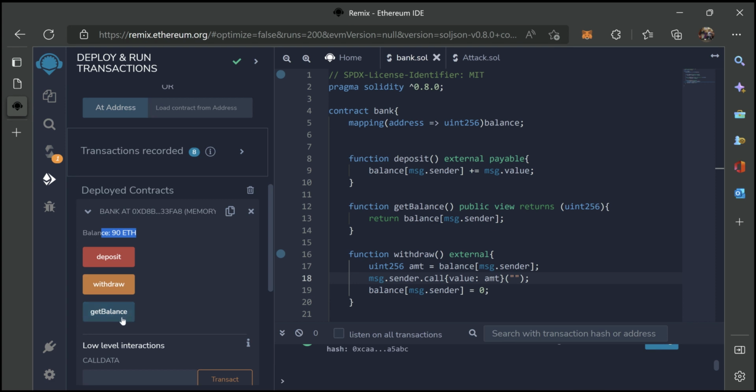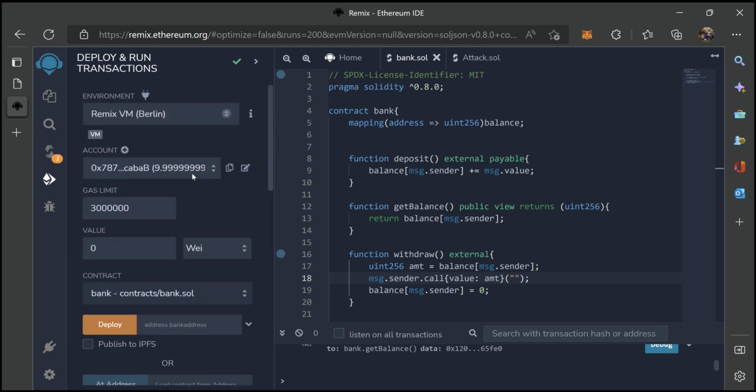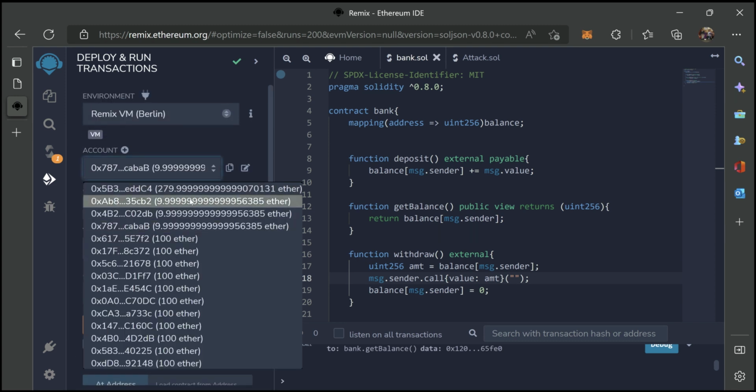But if I want to get the individual balance for the current account, it's also going to be 90 as well. So this is 90 plus 18.0, because that's the number of decimals. And if you look at this, now this account only has 9.9, because we also use a slightly gas.